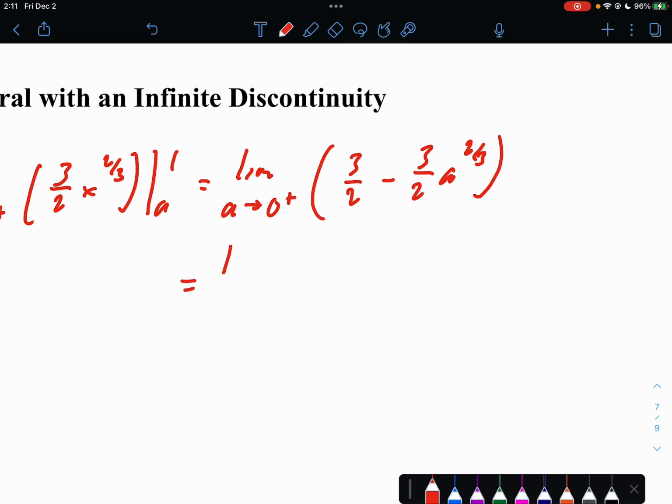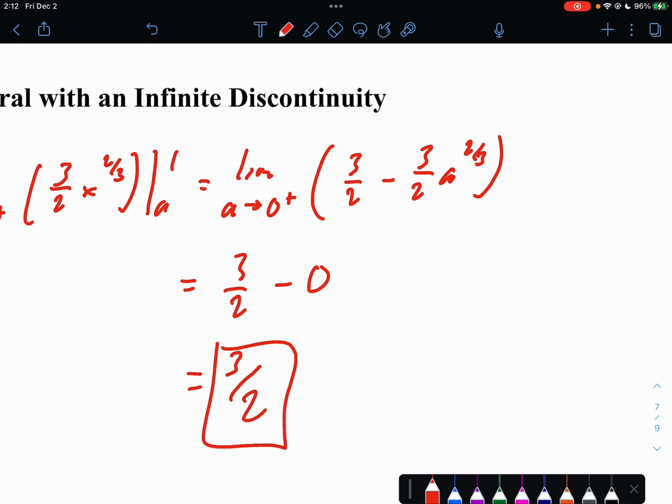Now if I put 0 in for a, I get 3/2 minus 0. So this answer will get closer and closer to 3/2 the closer and closer the bottom bound gets to 0.